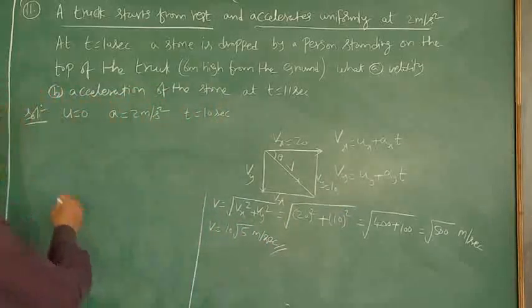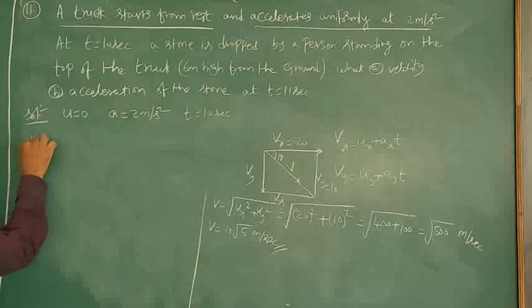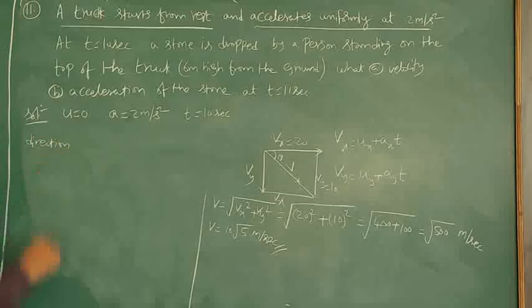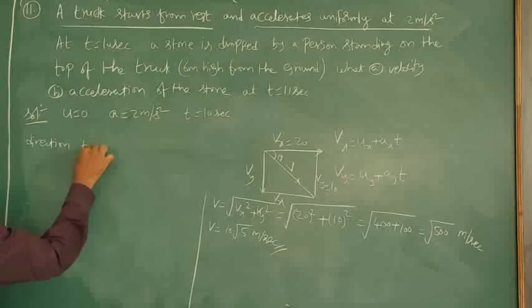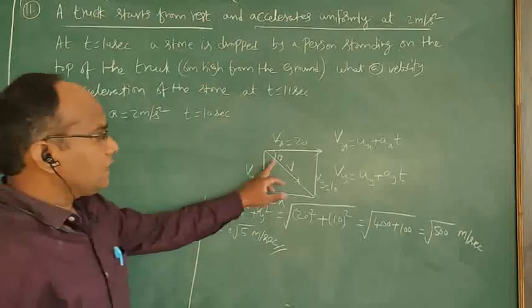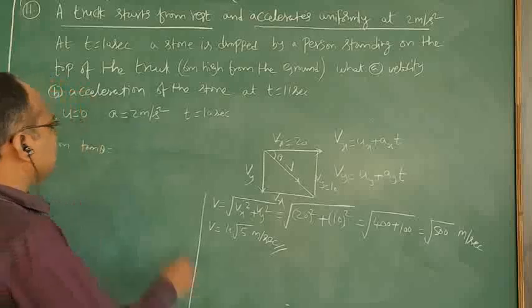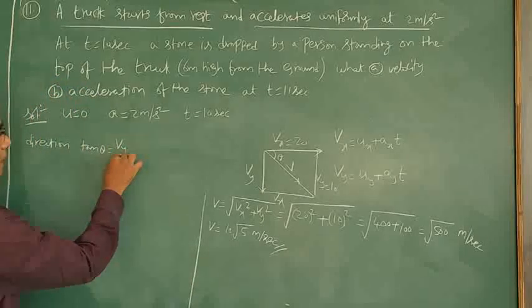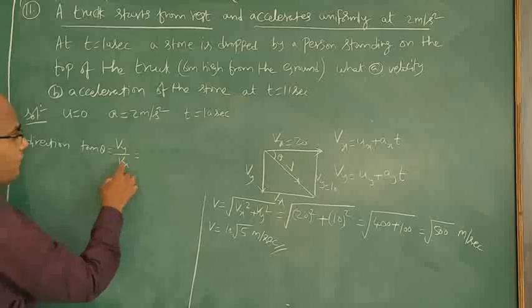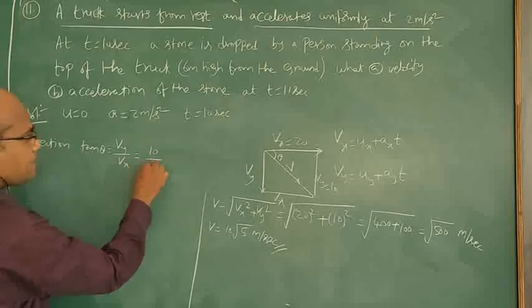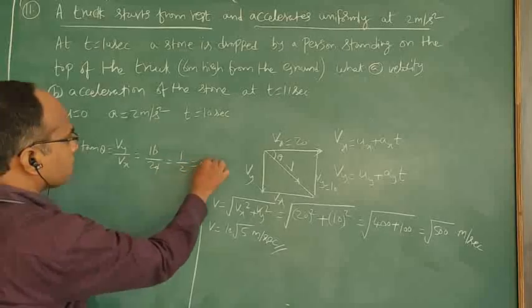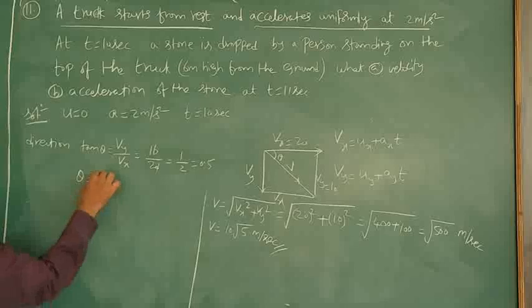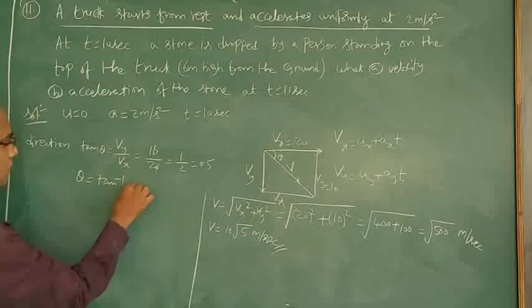So from here, to find out the direction, tan theta is equal to opposite side by adjacent side. So Vy divided by Vx. Vy is 10, Vx is 20. Therefore the zero is cancelled. That is 1 by 2, which is 0.5. So theta is equal to tan inverse of 0.5.